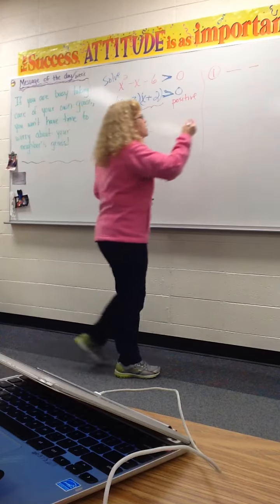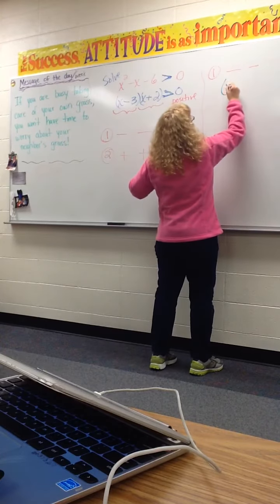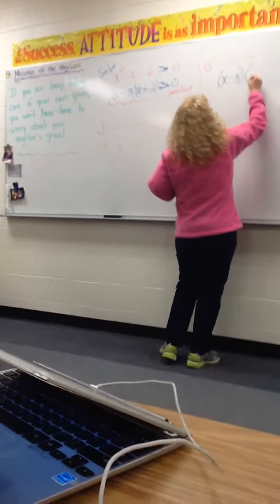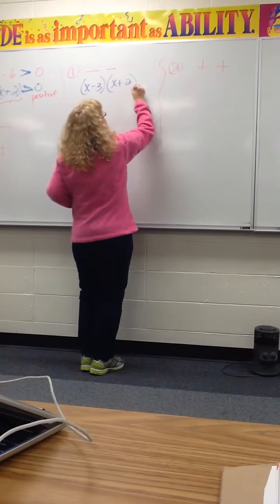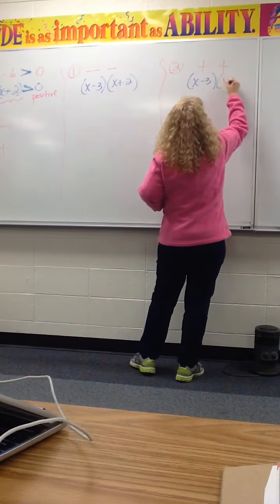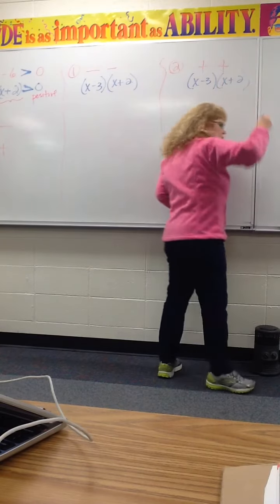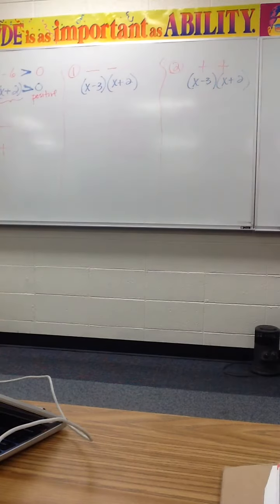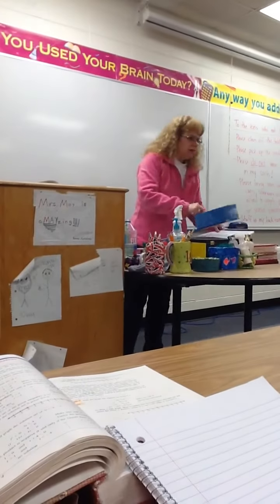The two quantities are both negative, or those two quantities, x take away 3, x plus 2, are both positive. And we have to actually work them out for both.